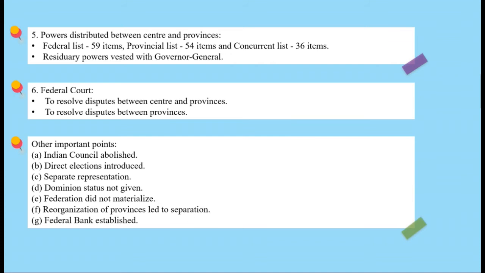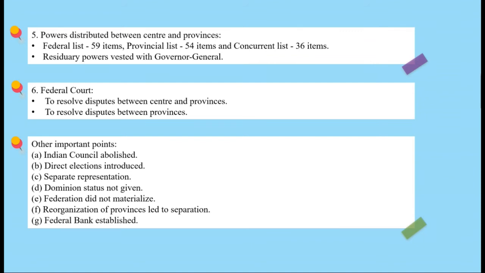D. The federal legislature had the power to legislate on subjects in the provincial list if an emergency was proclaimed by the Governor General, and also if the legislatures of two or more provinces so desired in their common interest.